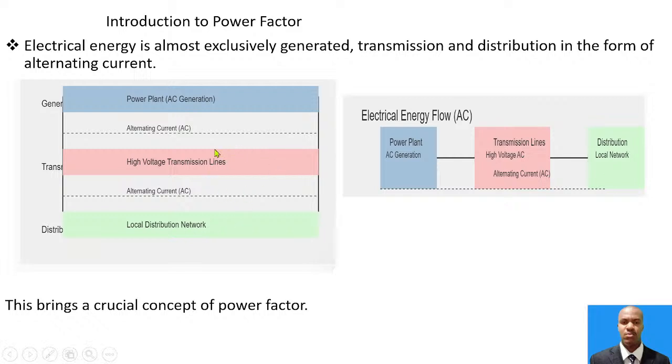What we have on this side is similar, but you can see these are just 3 blocks: generation, transmission and the distribution network for local consumption or industrial consumption.